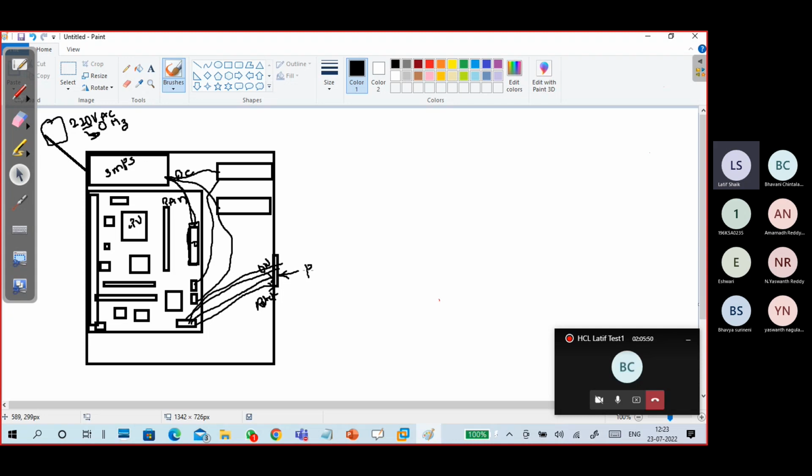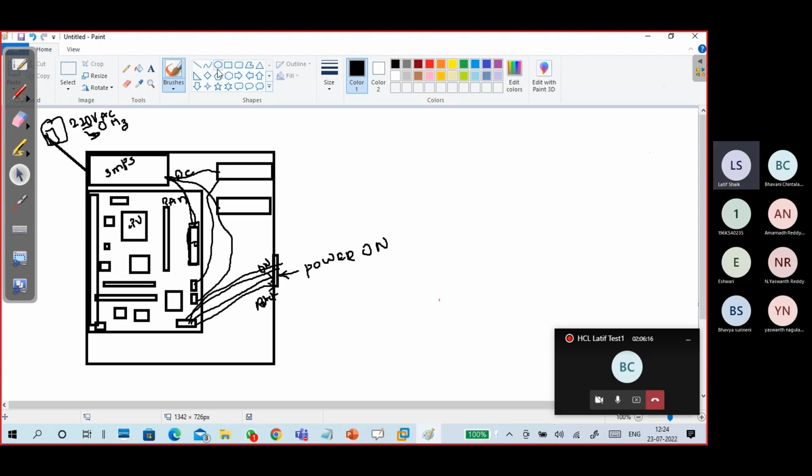When I power on my system. So this is the main power supply. I have to switch on the main power supply. Power comes up to SMPS. But when I power on, SMPS will turn on and distribute the power to your motherboard, hard disk and CD-ROM.